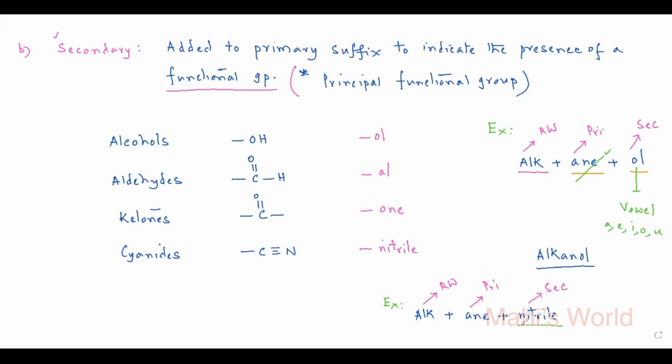When a secondary suffix is added of this type, like nitrile type, which is not a vowel, it is a consonant. Now, when a consonant is being added, the terminal E is never removed. So just keep this E, it is not removed. Then in that case, this will become alkanenitrile. This is how you have to write.